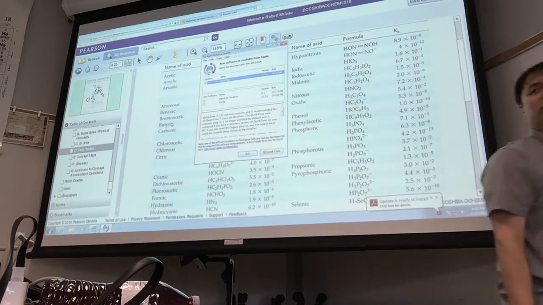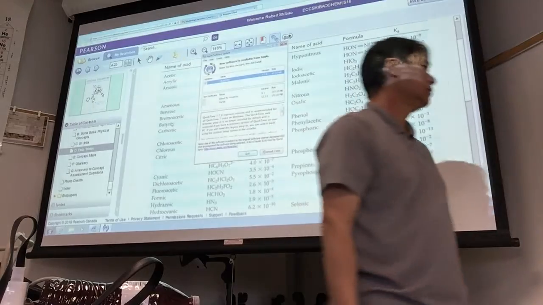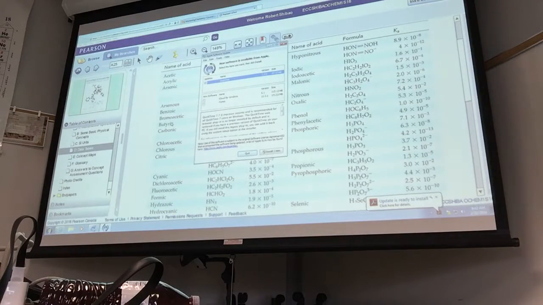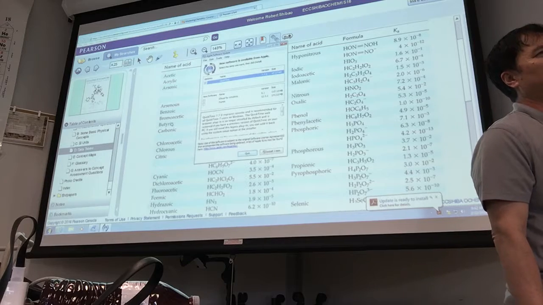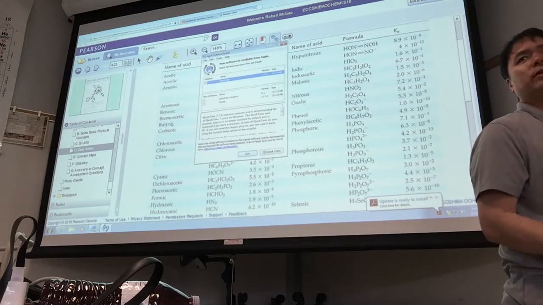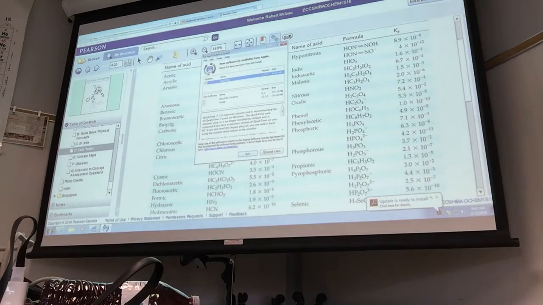So we're going to have quite a few equilibria happening at the same time. Then we deal with strong acids and weak acids too. And so it doesn't matter, we treat all of them the same. We try to solve these stepwise.